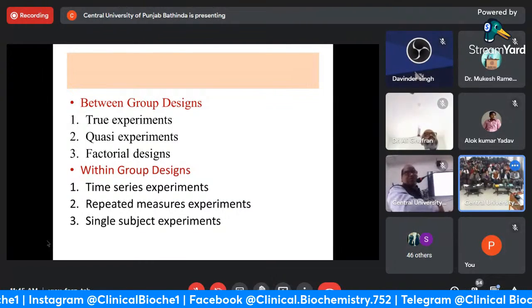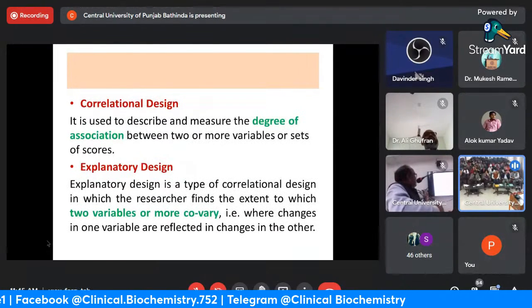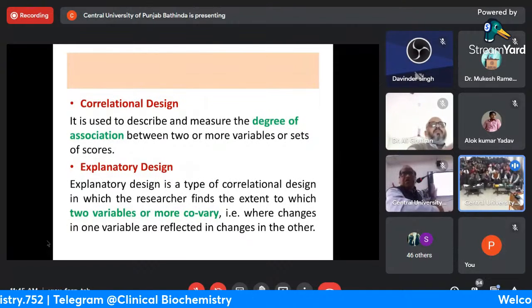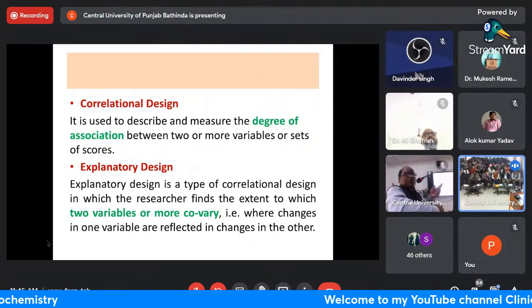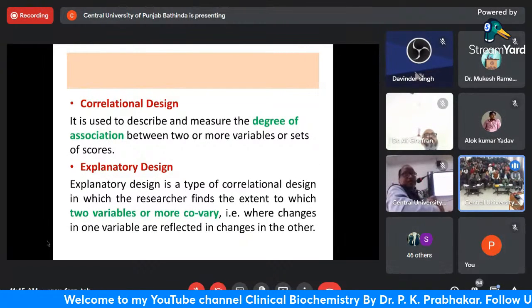I'm not going into a little elaboration of all these designs, I'll just scroll. Correlation designs are also there. If you are thinking of finding out the relations between two variables, you can look into such type of designs.